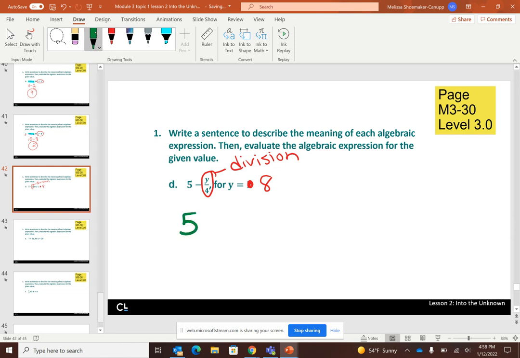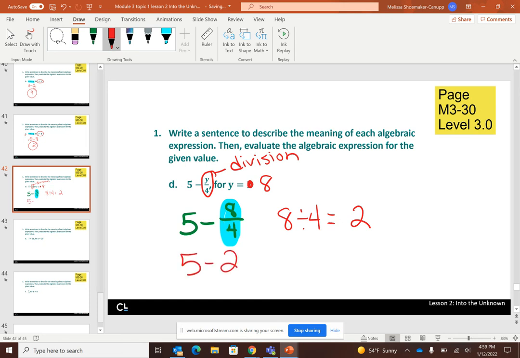That means it's going to be 5 take away 8 divided by 4. Well, what is 8 divided by 4? If you follow your order of operations, you know you need to do this division first before you subtract. Division comes before subtraction. How many 4s go to 8? That would be 2. So now I can rewrite it as 5 minus 2 and understand that that's simply 3.